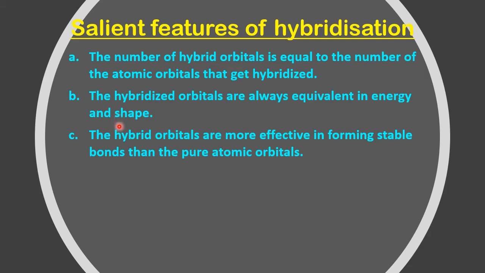The hybrid orbitals are more effective in forming stable bonds than the pure atomic orbitals. Simply, atomic orbitals combine and form a molecule, or atomic orbitals undergo hybridization and then combine. Out of the two, which is the best condition?